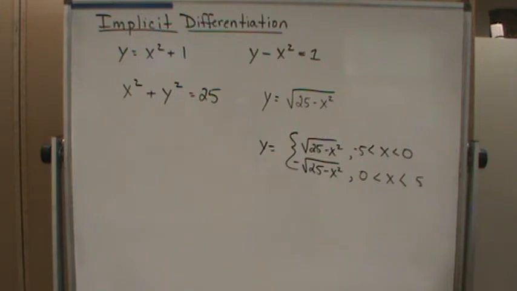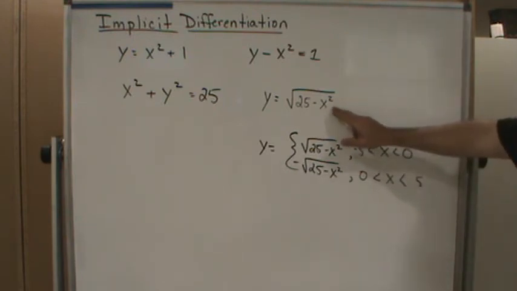If we want to find the slope of a line tangent to the graph of x squared plus y squared equals 25 at the point (3, 4), we could evaluate the derivative of the function y equals the square root of 25 minus x squared at x equals 3.